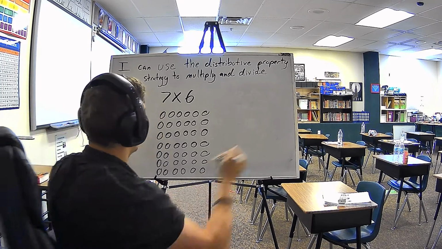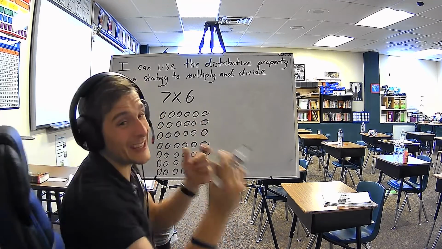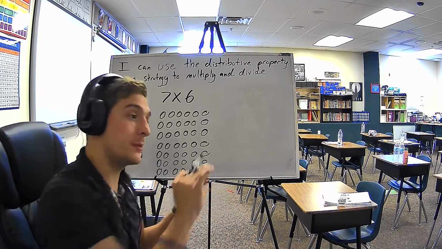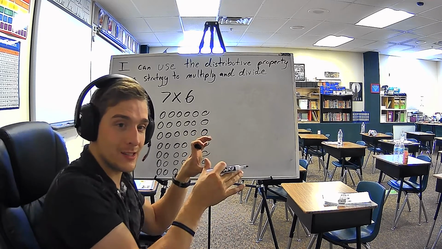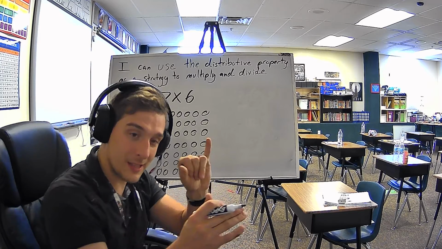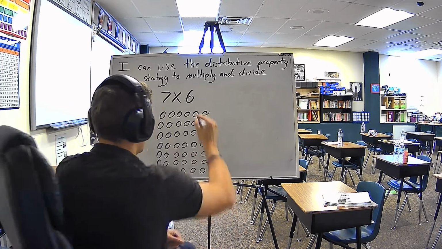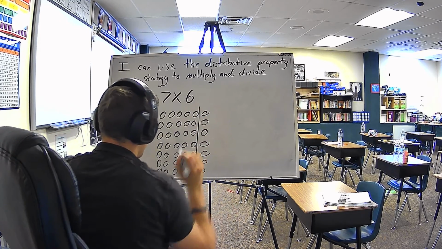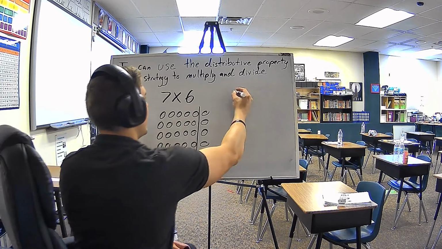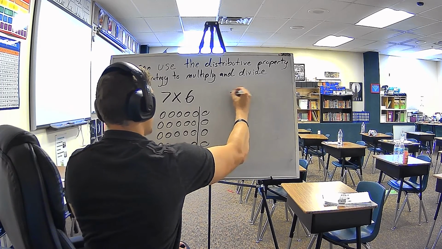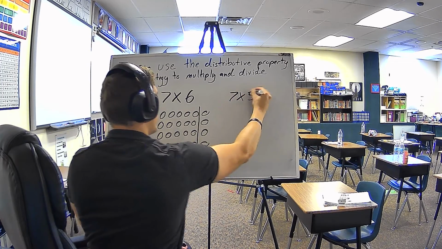But it technically can, because of the commutative property. Remember, if I turn it sideways, the 7 and the 6 swap, right? So I can technically cut it this way. And now I can say that there are 7 groups of 5, which is over here.